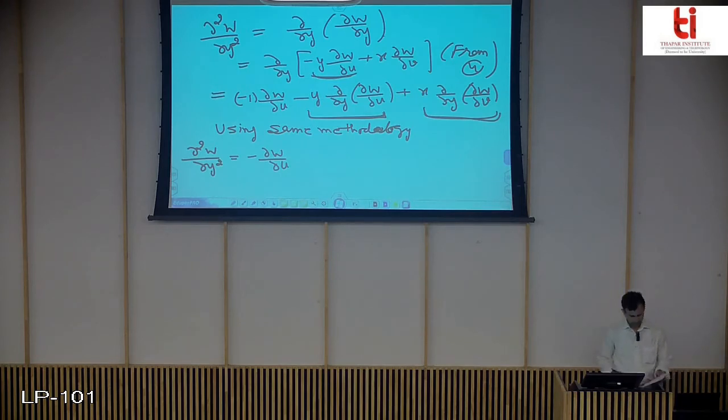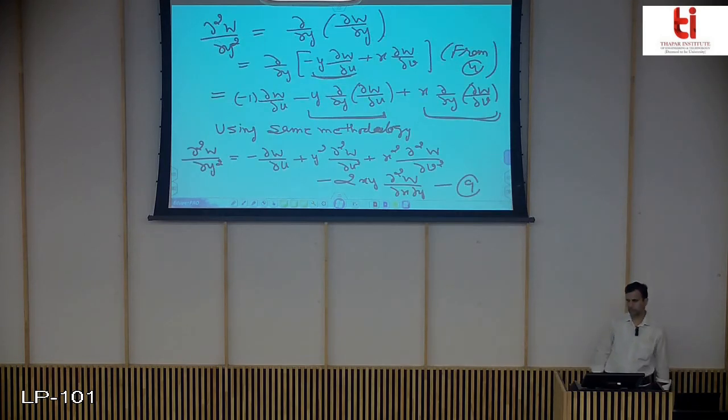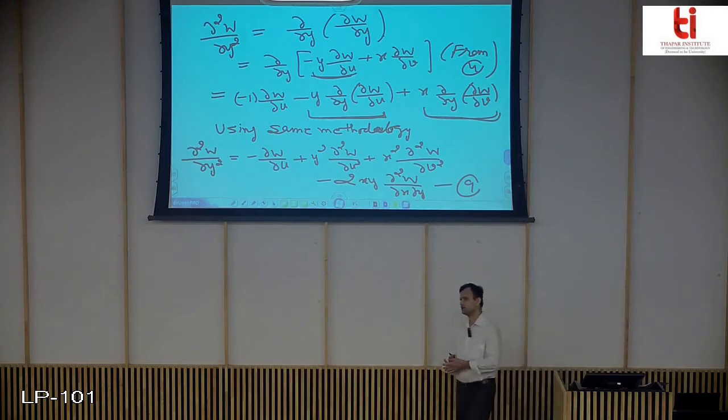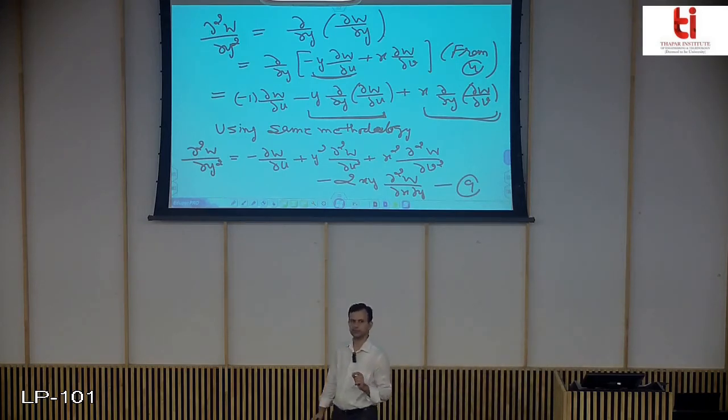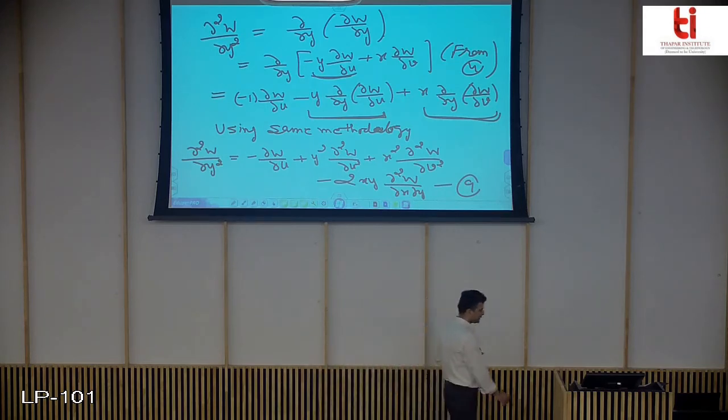Okay, and finally you will get this one equals to, yes, y square del square w del u square plus this one and minus 2xy del square w del x del y. Yes, say this is equation number 9. Okay, so now the two second order partial derivatives of w with respect to x and y both are here. You have obtained both the double partial derivatives.